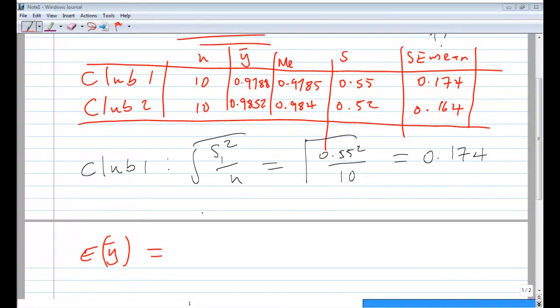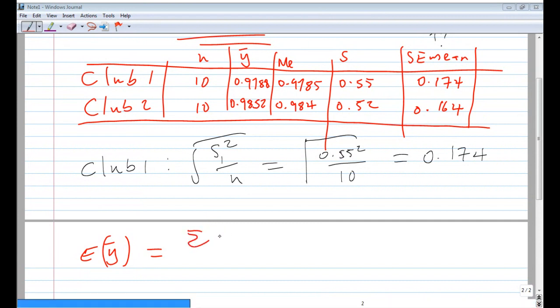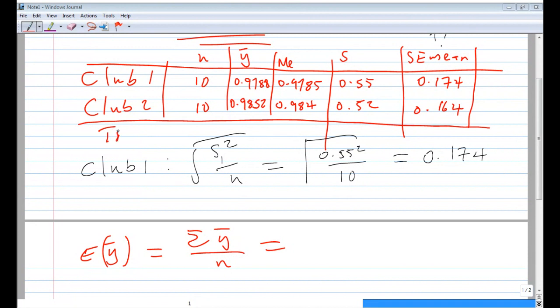There are many formulas, but another one is the very simple one: summation of y bar over n. That means here you're supposed to have a total. So what is the total of a sample mean?